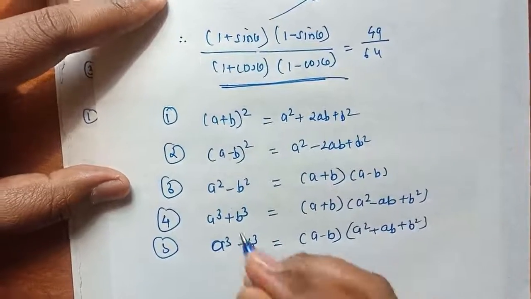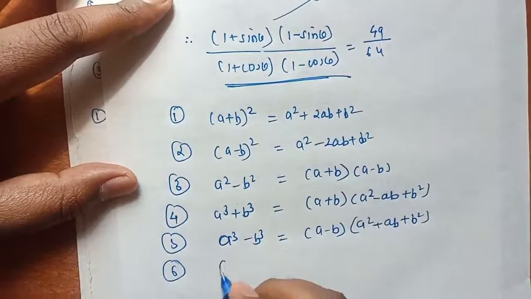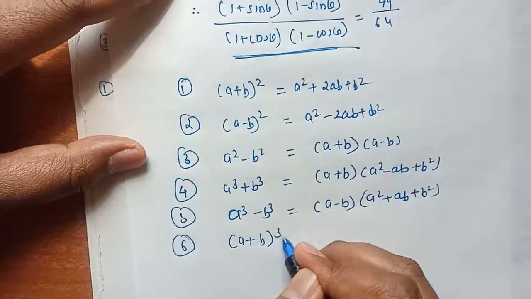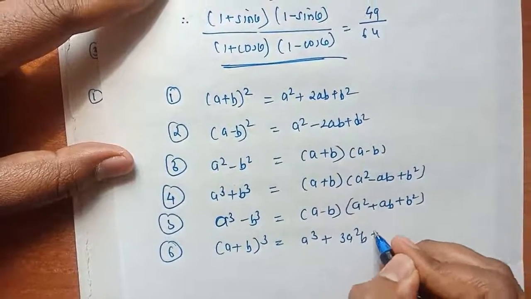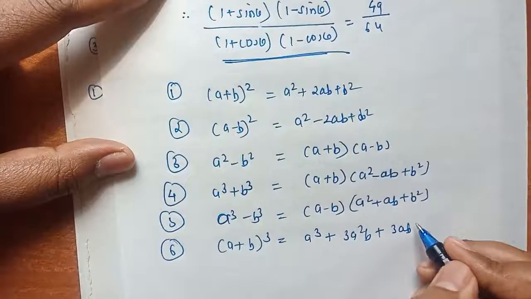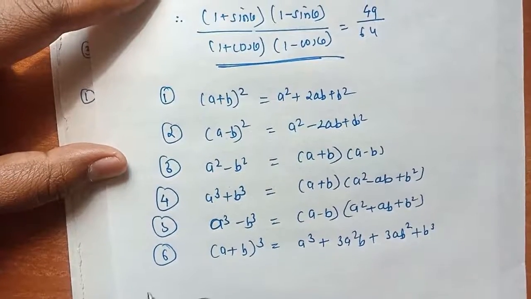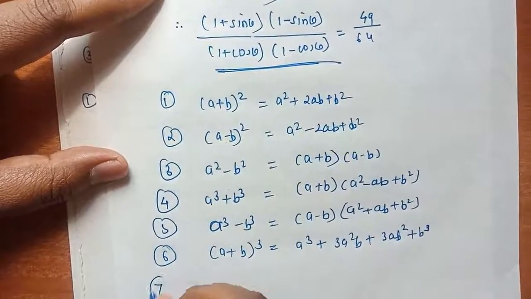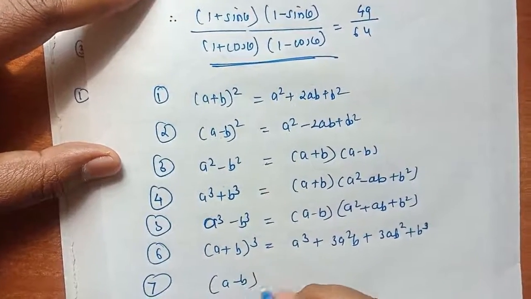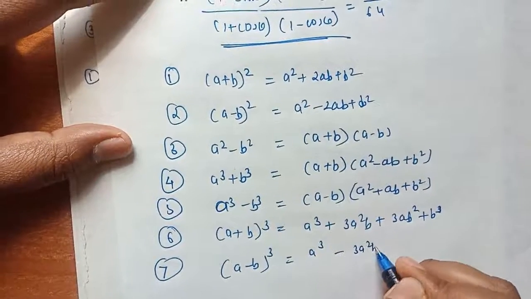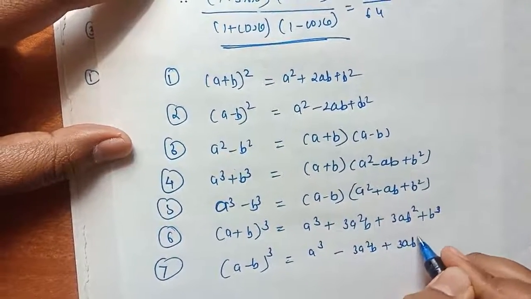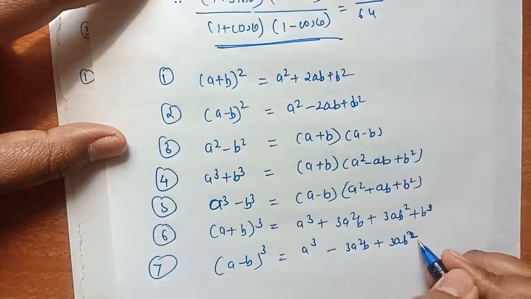Next, the sixth one: a plus b bracket cube is a cube plus 3a square b plus 3ab square plus b cube. The seventh: a minus b bracket cube is equal to a cube minus 3a square b plus 3ab square minus b cube.